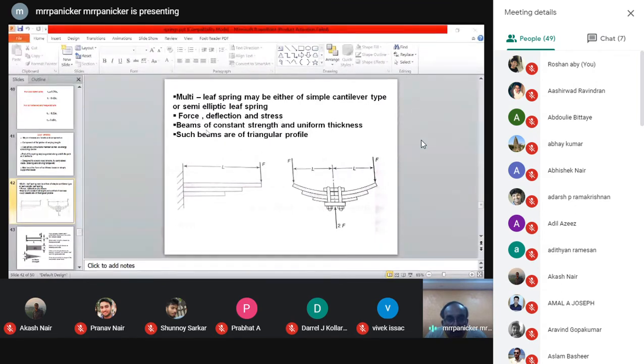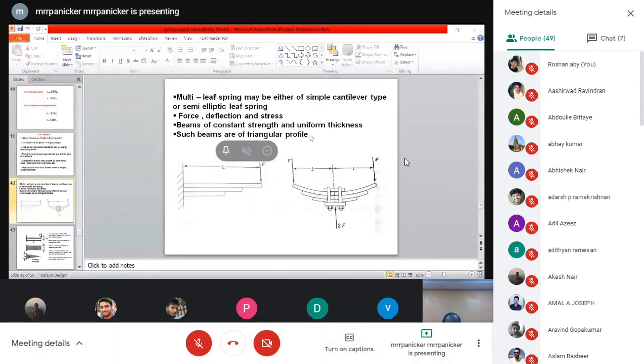We have two options. One is the beam of constant strength and the uniform thickness. We will discuss that in detail. What do you mean by the beam of constant strength? If you want this constant strength, the profile should be a triangular profile.